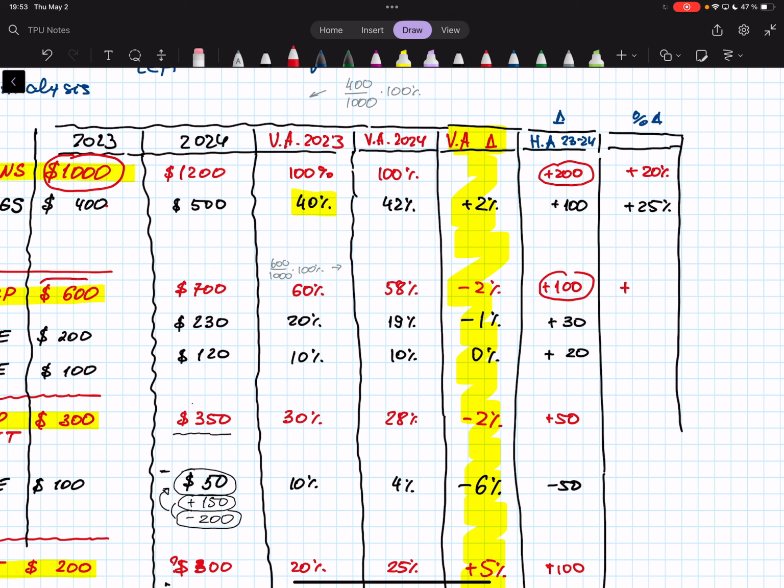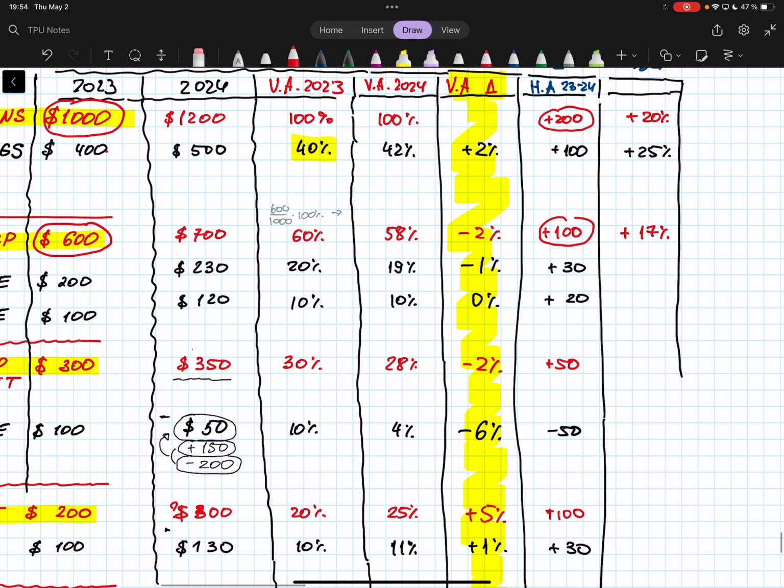Сколько получается? 0,16. Ну, на 100 умножаем, получается 16,66, да? Да. 17%. Plus 17%. Я не понял, как посчитали. 100 поделить на 600 умножить на 100%.